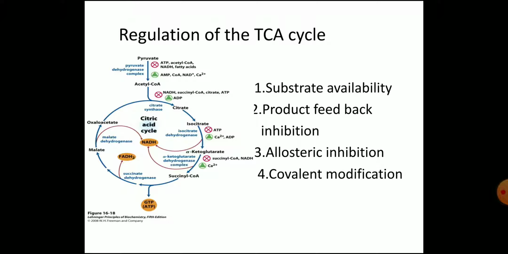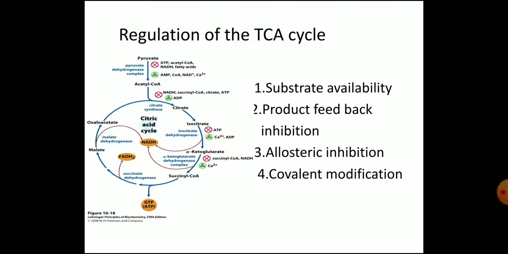Here you can see ATP is the inhibitor of the PDH complex, and AMP, coenzyme A and NAD, and calcium are the stimulators. Then for citrate synthase, NADH, ATP and citrate are the inhibitors.